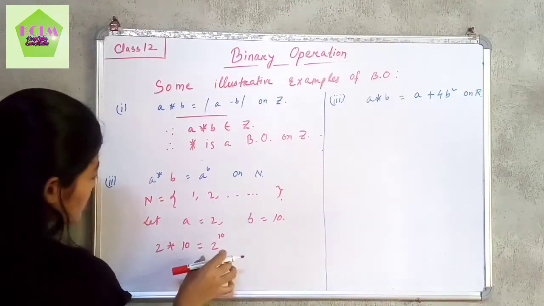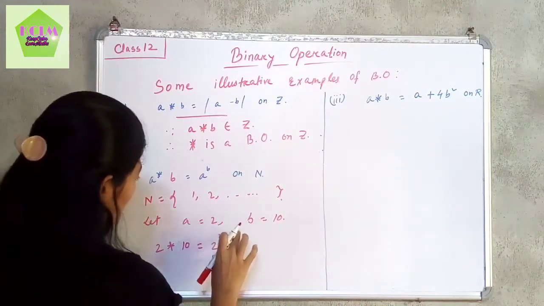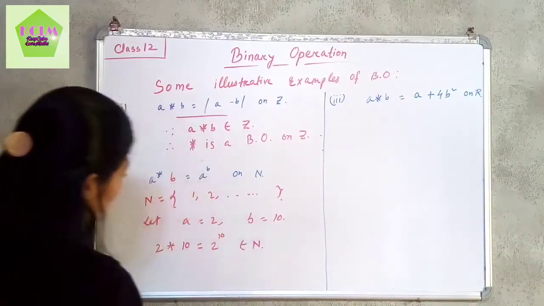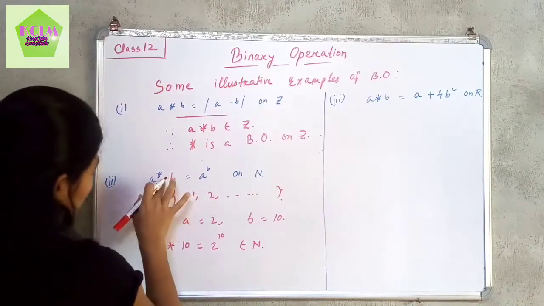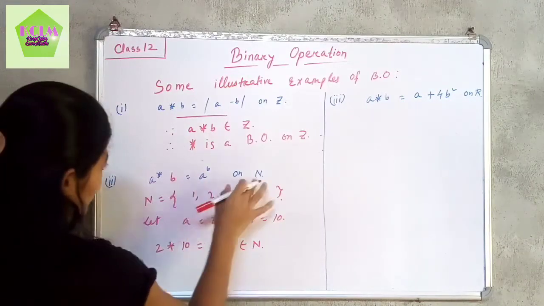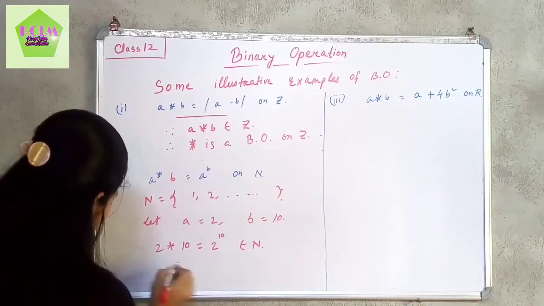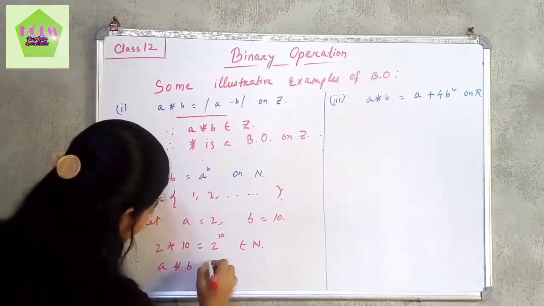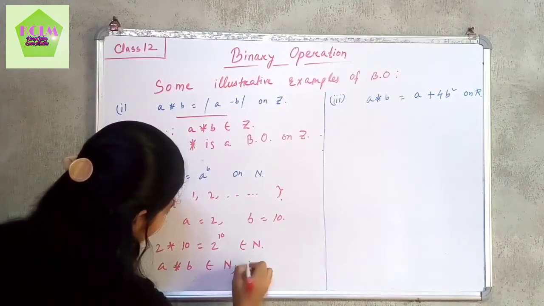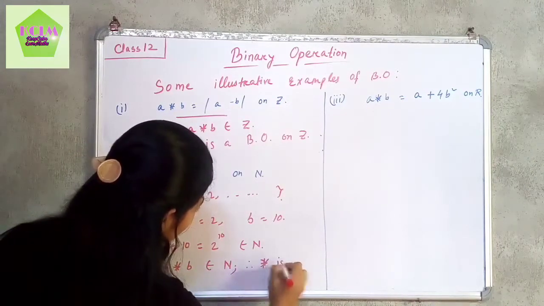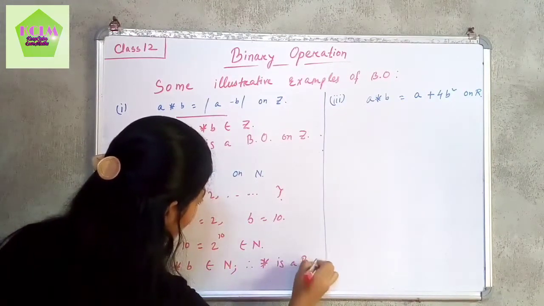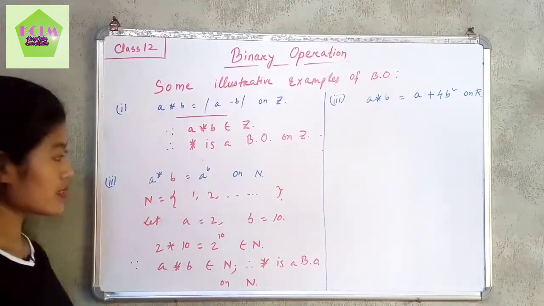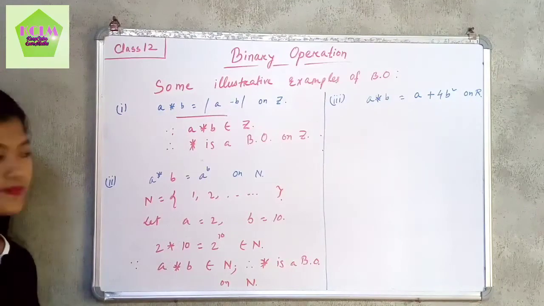And 2 to the power 10 is a number which is positive and it belongs to the set of natural numbers. So this star is a binary operation on the set of natural numbers. So we can write, since a star b belongs to N, therefore star is a binary operation on the set of natural numbers. Right? Is this clear to you?